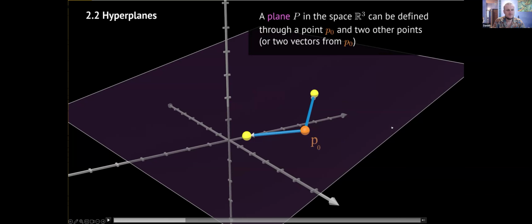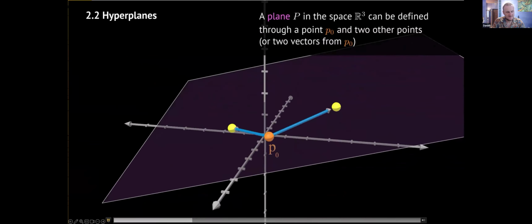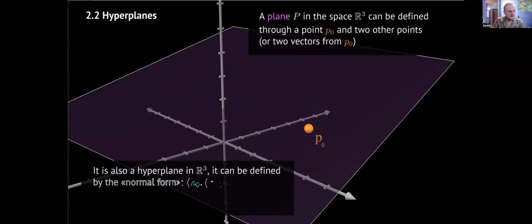Here we're not being very formal because previously we have arrived at the convention that all vectors emerge from the origin, but, well, we can do that if we forget that for a moment. But I hope it makes sense visually. Okay? Still the same plane, as you can see.